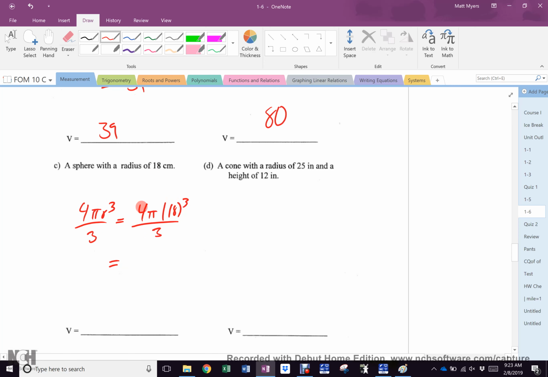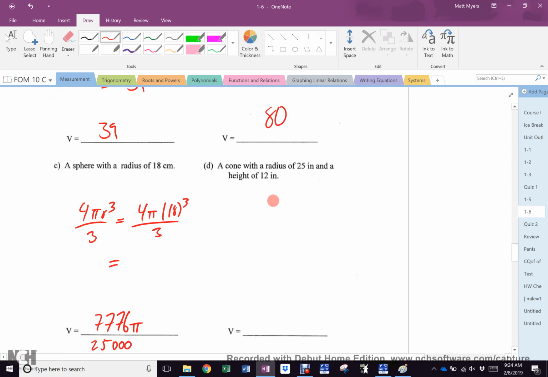Times 4 divided by 3, and you get 7,776 pi, or something in the neighborhood of 25,000. Is 24,000 in the neighborhood of 25,000, Rylan? So you're right.